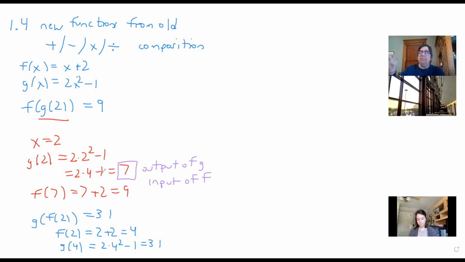So this number's got to be in the range of the first function, g of x, plus in the domain of this function. So 2, of course, has to be in the domain of the function you start with. And then 9, of course, has to be in the range of the second function. But this is the key right here. This number has to be both in the range of g and the domain of f.